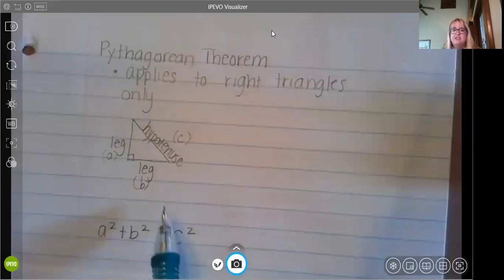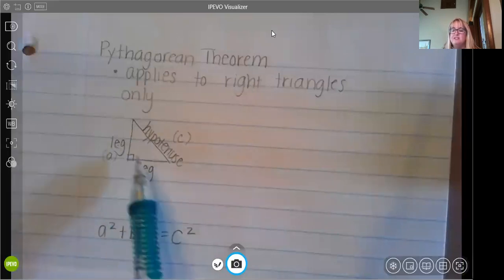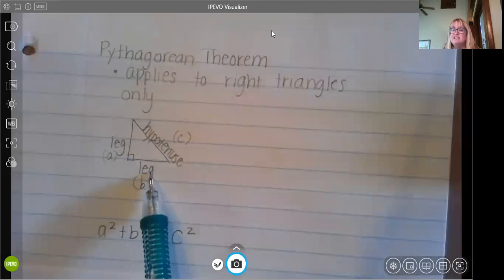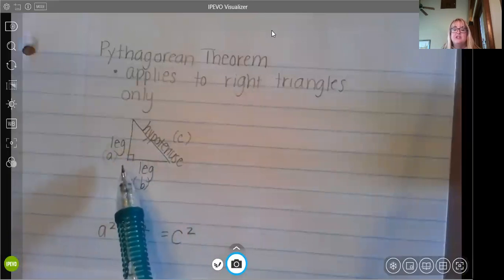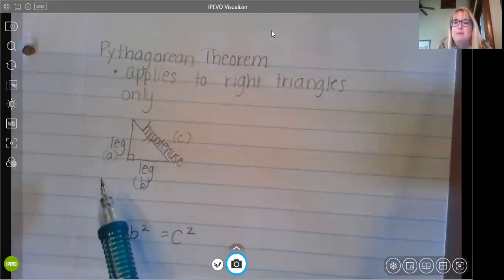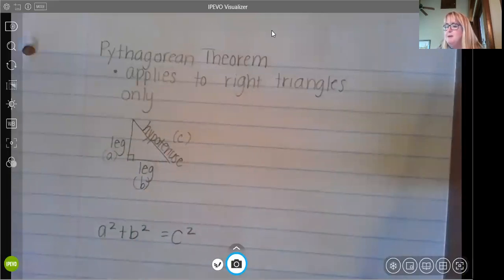So he found that the square of the measurements of these two legs added together is the same as the square of the measurement of the hypotenuse. And we can actually use this relationship to solve problems and to figure things out. So let's go ahead and look at a few problems.